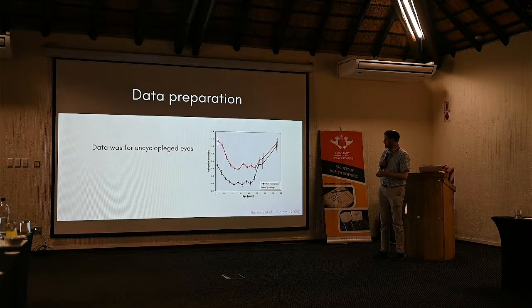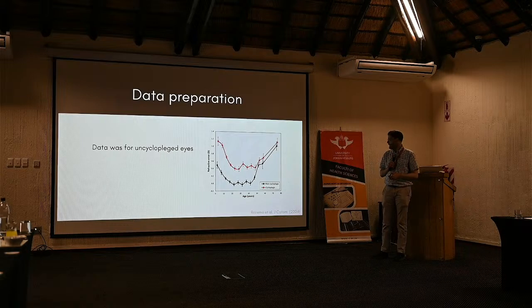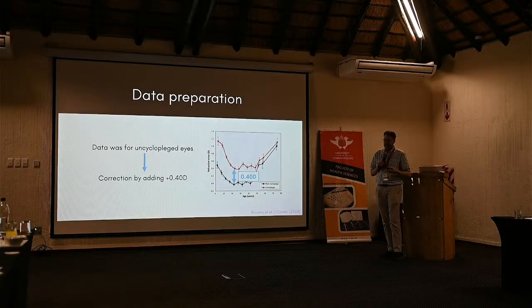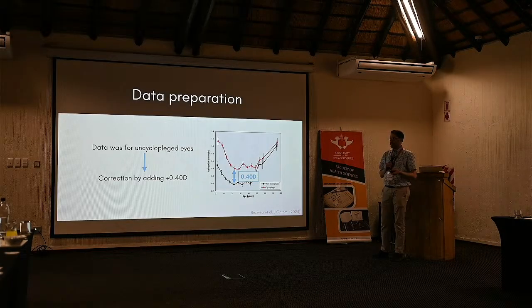In another data set I had found that at the age of 20, the difference between cycloplegic and non-cycloplegic refractive error is about 0.4 diopter. So I simply added that. It's a bit quick and dirty. I would prefer not to do that, but okay. Between individual eyes, there can be a bit more differences than that.